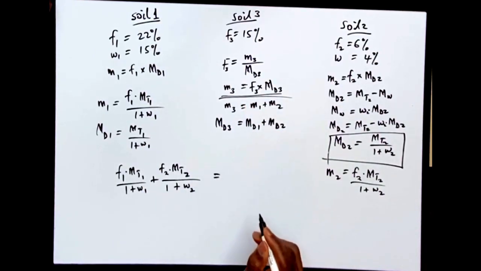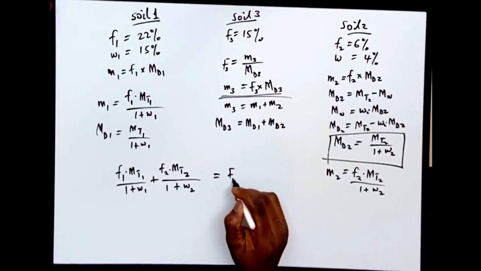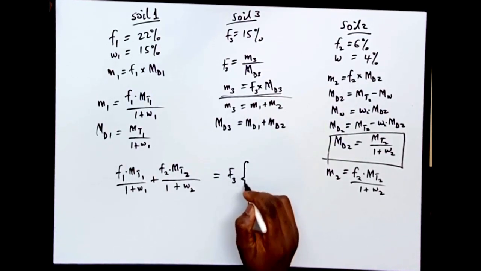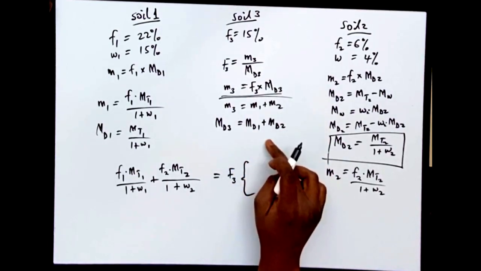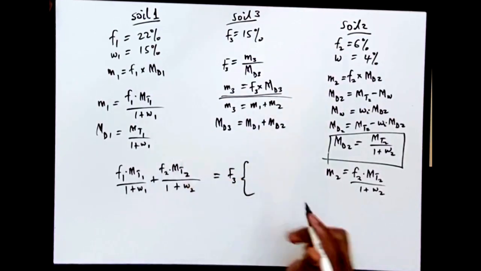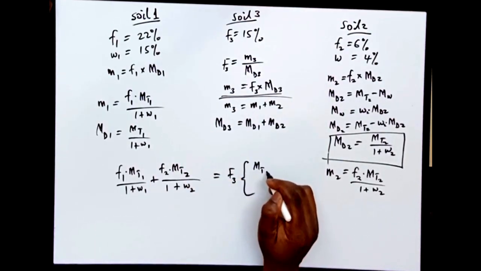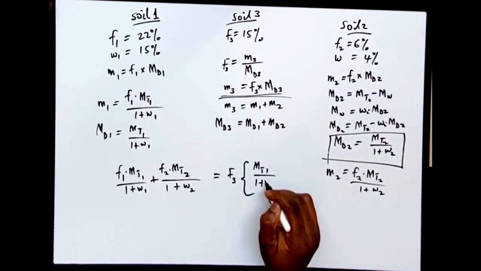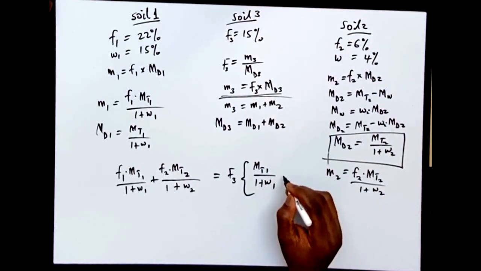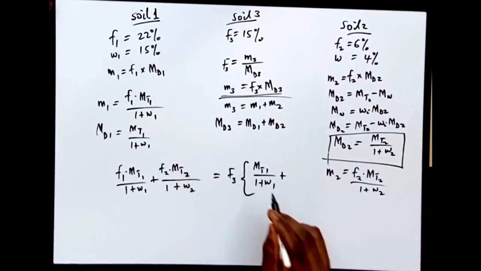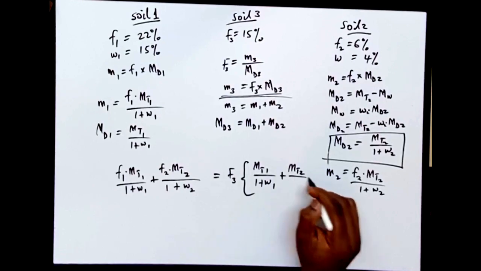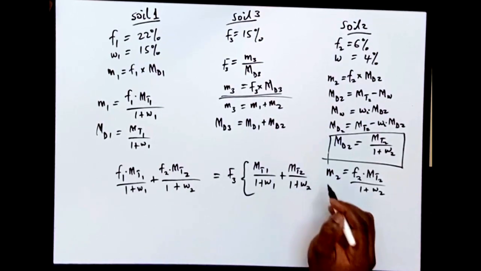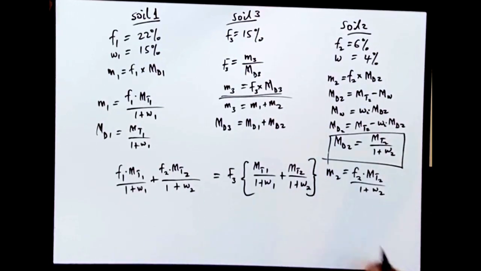That should equal F3 times MD1 plus MD2. And MD1 is simply MT1 over 1 plus W1. And MD2 is simply MT2 over 1 plus W2. Okay, so this is what we have.